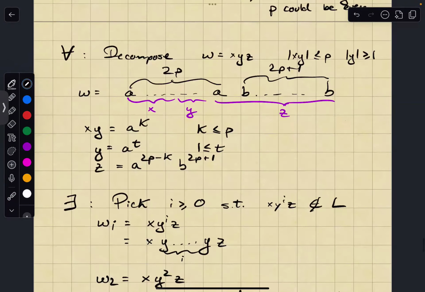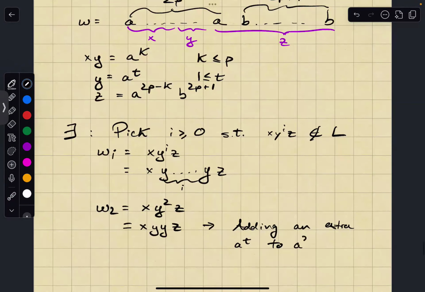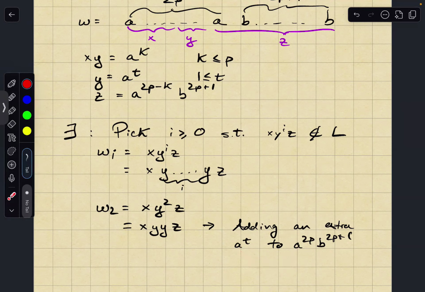What was my string? a^p, b^(p+1), right? And in particular, I'm adding these t a's in here within the first sequence of a's. So that means that my resulting string is a^(p+t), b^(p+1), right?